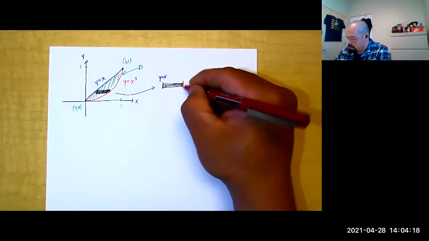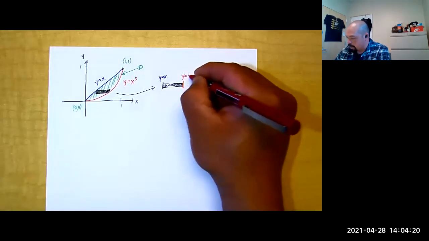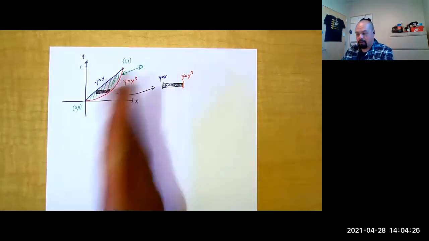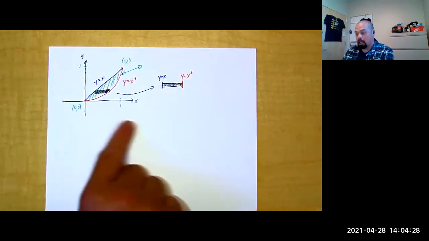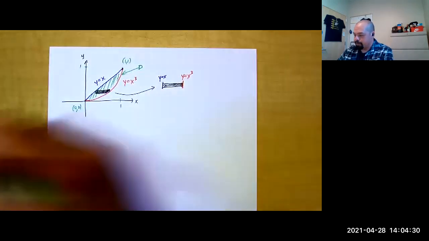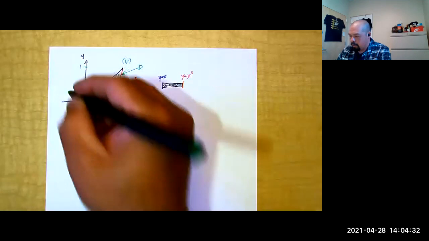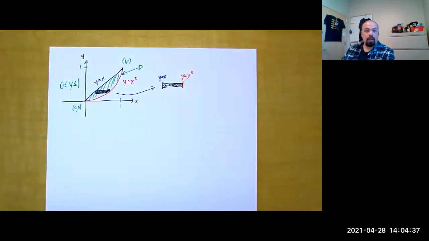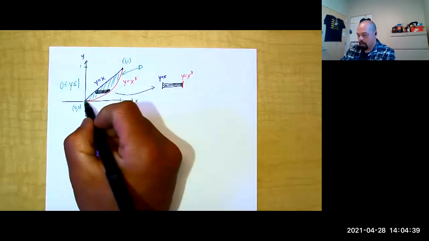This portion, y equals x cubed. We're going to work from left to right, from smaller to bigger, lower to upper. This time, though, we can see that our y goes between 0 and 1.